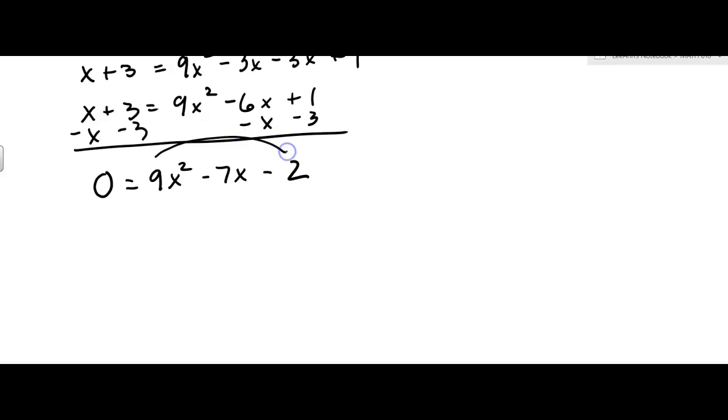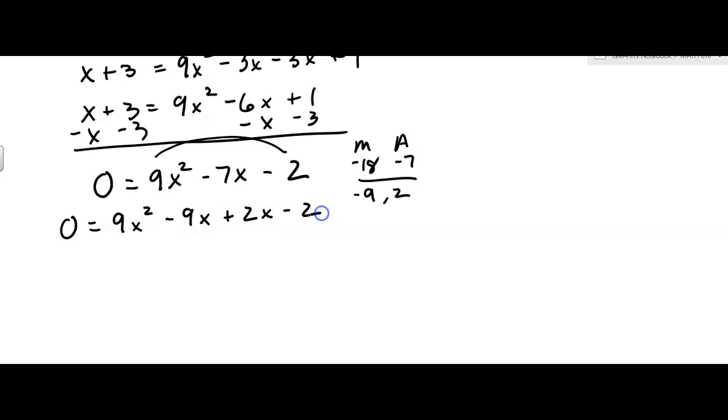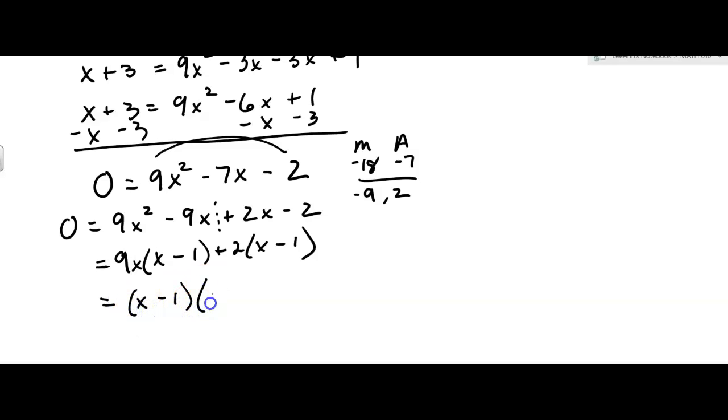I need two numbers that multiply to be negative 18 and add to be negative 7, and I think negative 9 and 2 will work. Okay, so let's just go through the factoring process here. So it looks like I'm getting x minus 1 as a factor and 9x plus 2 as a factor.